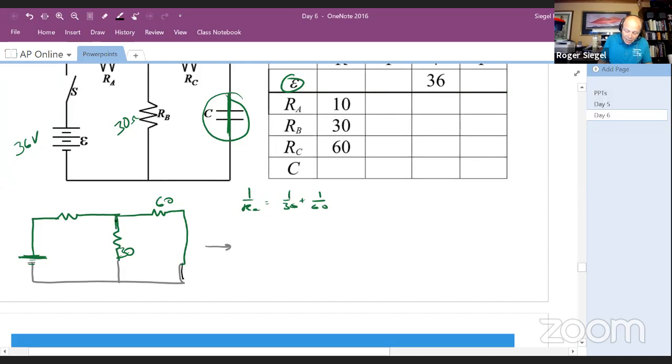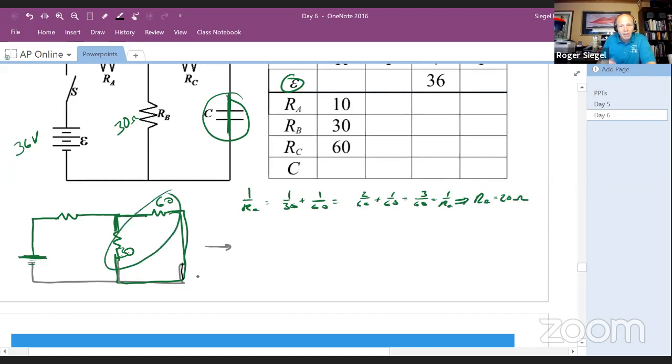You can see that each one is attached at this point and at this point, so they're attached to both sides of each other. That's 2 over 60 plus 1 over 60, or 3 over 60, which is 1 over R equivalent, so R equivalent is equal to 20 ohms. These two together in parallel now function as 20 ohms.